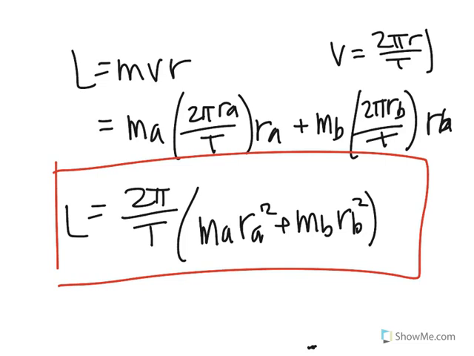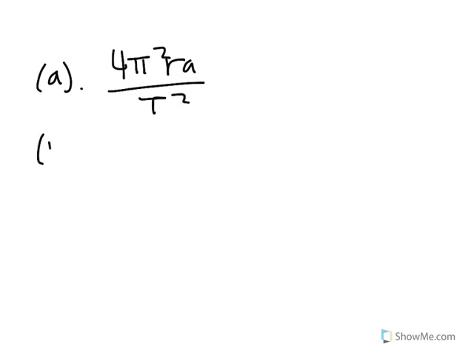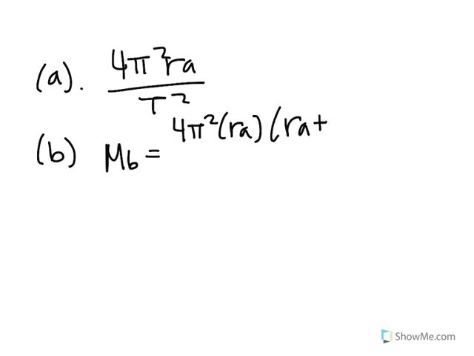So really quickly, the answers to all of them. For part A, the answer should be 4 pi squared RA over T squared. For B, MB is equal to 4 pi squared RA multiplied by (RA plus RB) squared over G T squared.